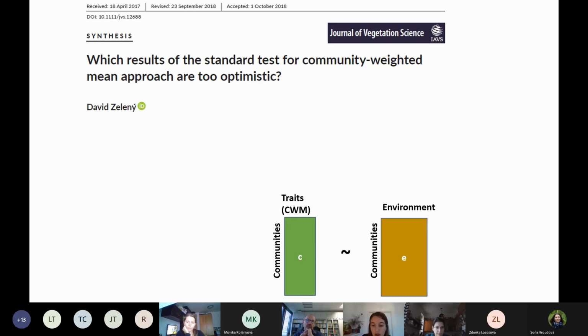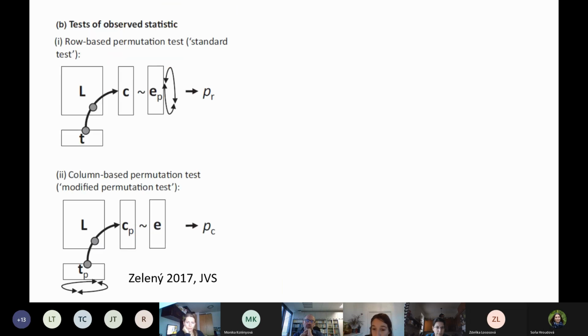This is how you ignore everything, and how you usually test this relationship. For example, if you are going to do a permutation test, you are going to shuffle one of these columns to generate a P.